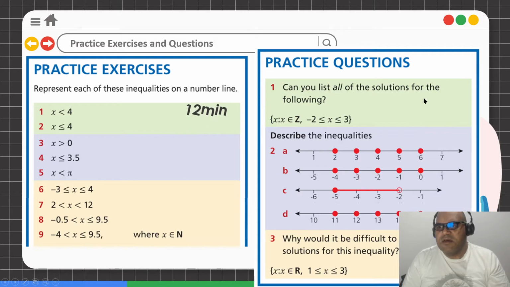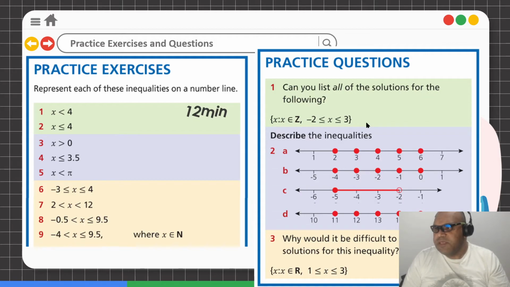Can you list all the solutions for the following? X is such that X is part of integers numbers, okay? And -2 is less than or equal to X less than or equal to 3.